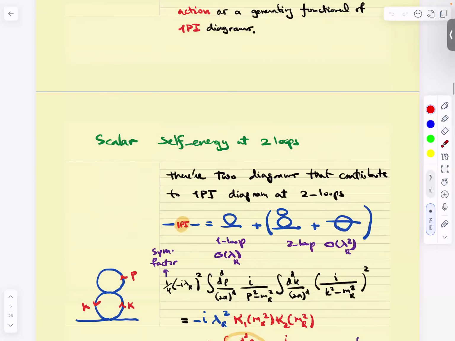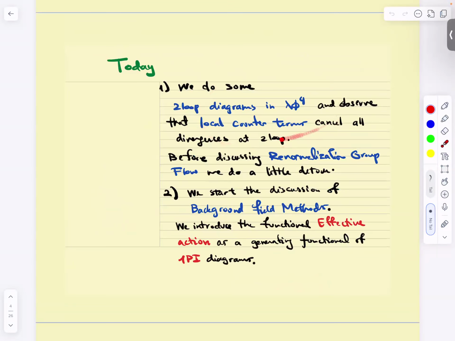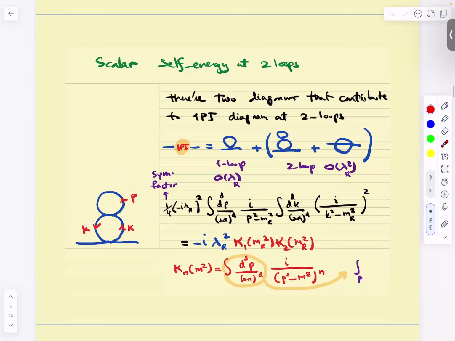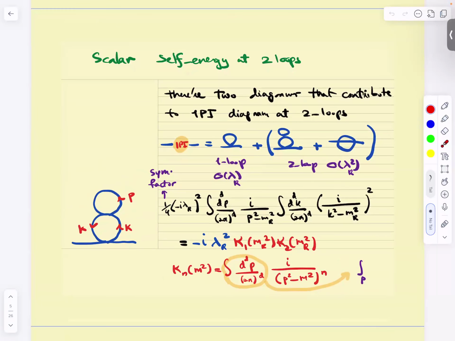All right, before doing that, of course, part one of what we're doing is lambda phi 4 at two loop. So the simplest thing to start with is the scalar self-energy at two loop. The 1PI diagram for the scalar self-energy was this that we computed. What was this?